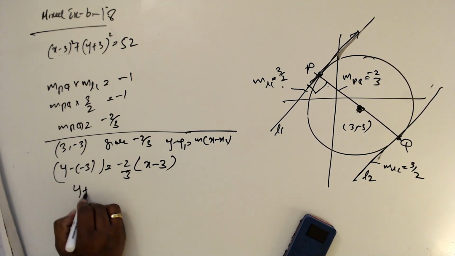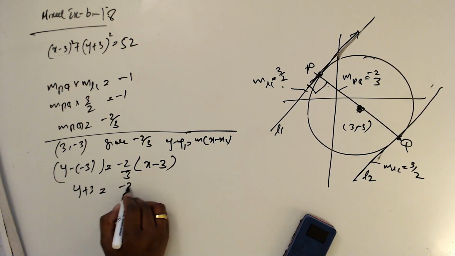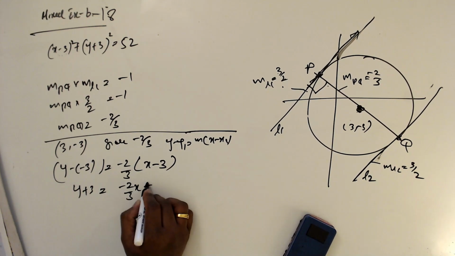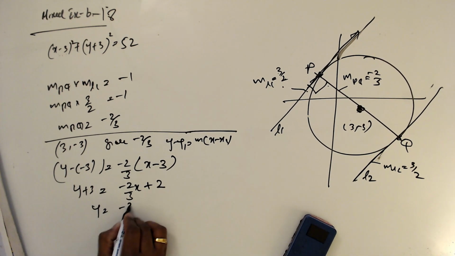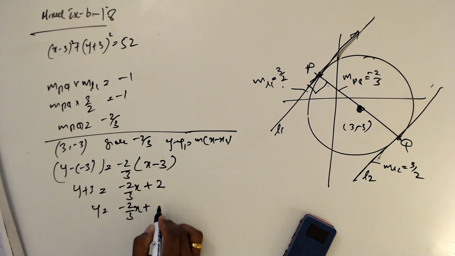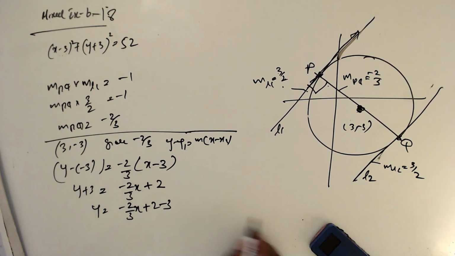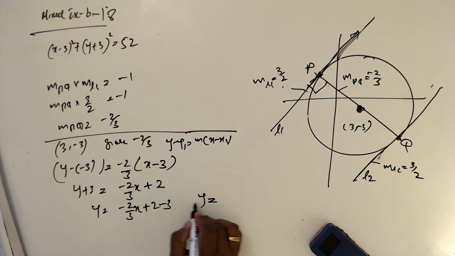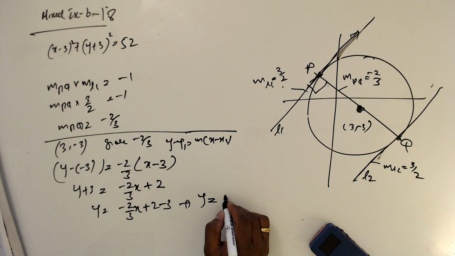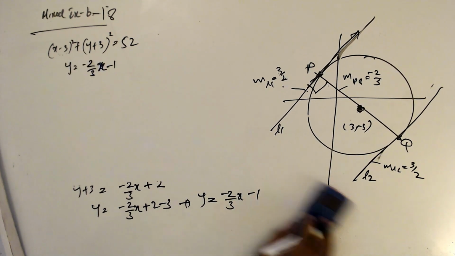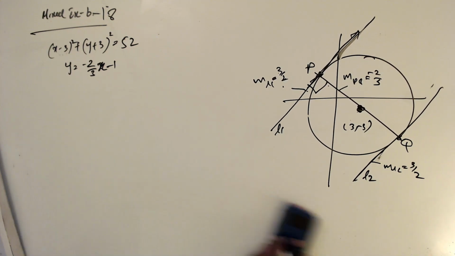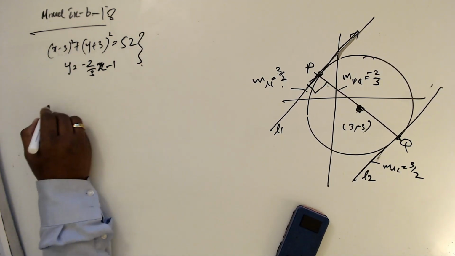So y plus 3 equals minus 2 over 3 x, the 3 and 3 cancel out, plus 2. So y equals minus 2 over 3 x plus 2 minus 3, which is y equals minus 2 over 3 x minus 1. Now we have to solve those two equations.